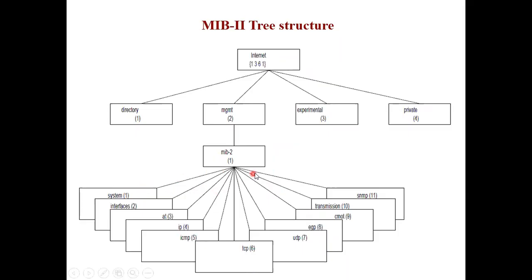Now here, if you refer to my notes in the Moodle, you can see the tree diagram does not end over here. System will have, so these names we will study in detail in the next lecture. Under the systems group, there will again be 7 to 8 categories. Interface group, there are so many interfaces. Again, there will be so many categories. AT, address translation group, there will be so many categories. So the tree diagram will go on increasing.